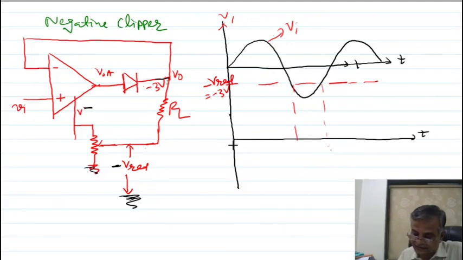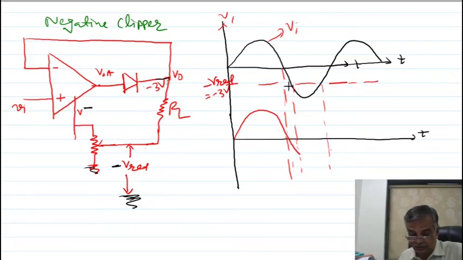So I will get the waveform up to this. When this voltage Vi is more negative than the V reference level, meaning -3.1, -3.4, -3.5, what will happen?